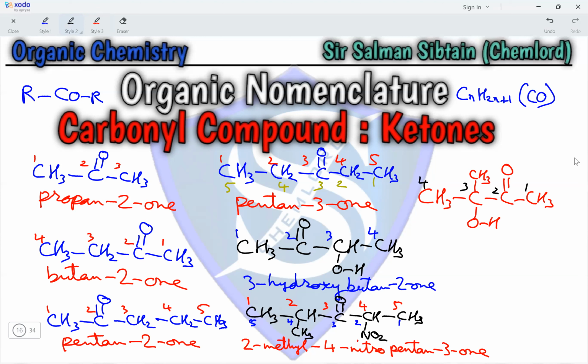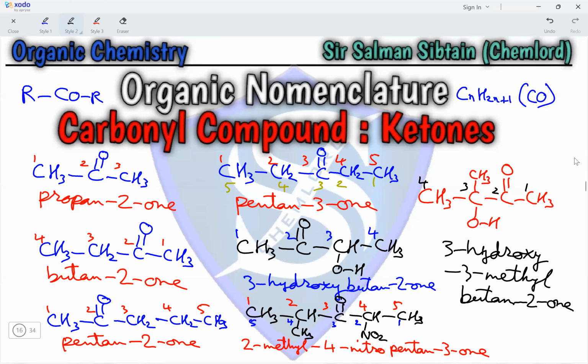And the name would be written giving preference to the hydroxy over methyl because H comes before M. So this would be 3-hydroxy-3-methylbutan-2-one. And that is how ketones are named.